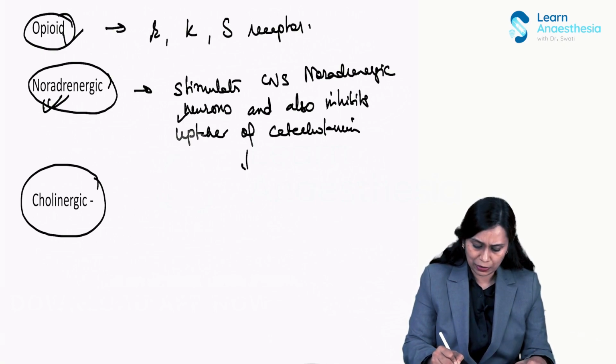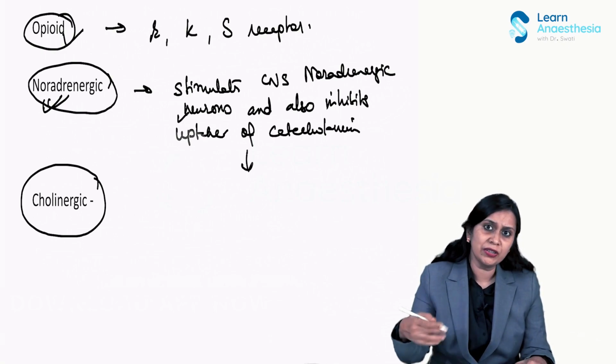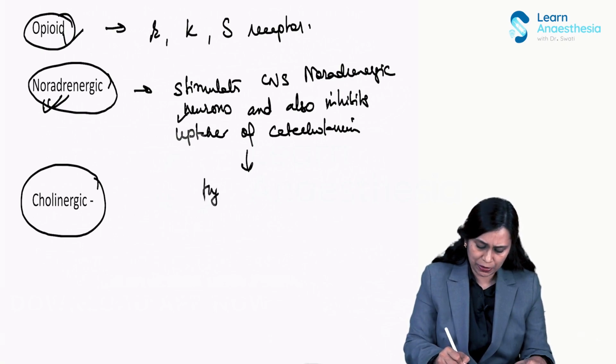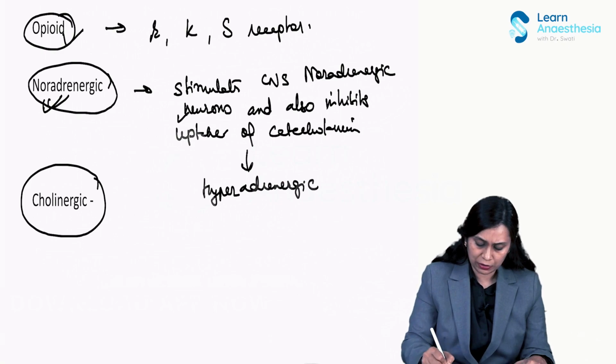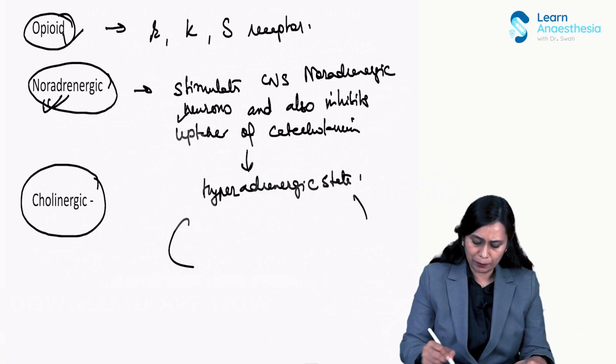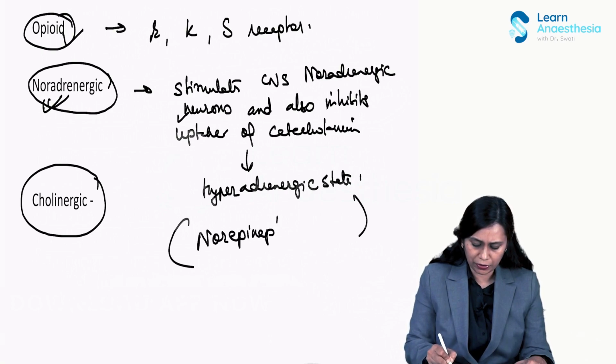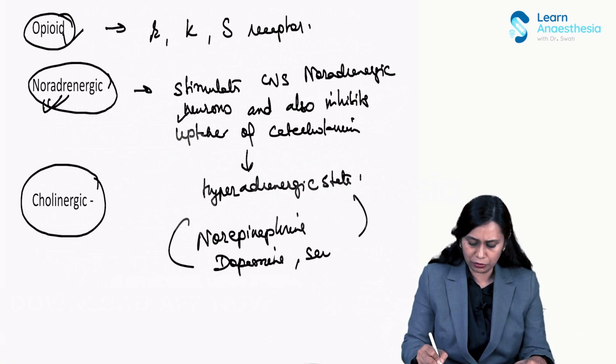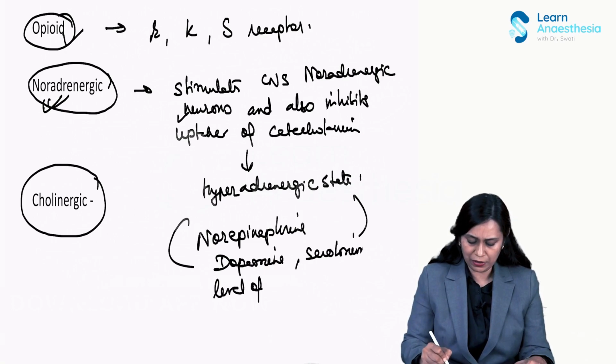So what happens? A hyperadrenergic state is produced. In this state, the norepinephrine, dopamine and serotonin level of blood increases, right?